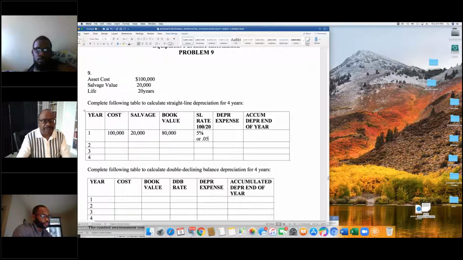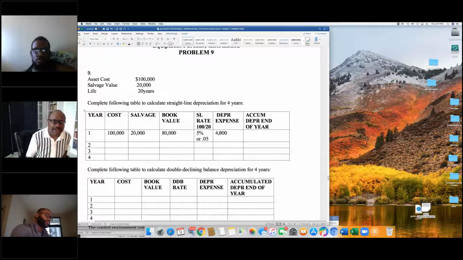So 5% is 0.05. Everyone see that? Yes. So what's our expense going to be in the first year? 4,000. What's our accumulated? 4,000.